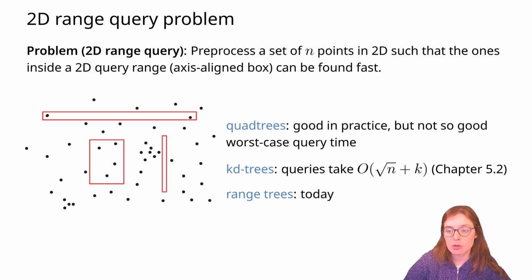Quad trees are usually good in practice, but not in the worst-case scenario. And KD trees will give a query running time proportional to the square root of the number of points. Our goal today is to develop a data structure that will give a faster query running time.